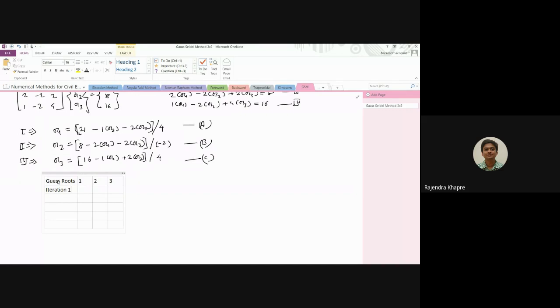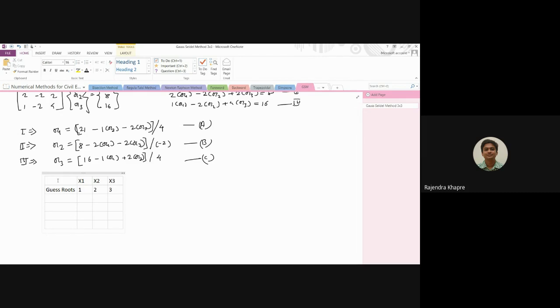Now here is iteration 1. Rather, I should put it in a different way. These are the guess roots, so I'll put them here. I'll label these as x1, x2, and x3.